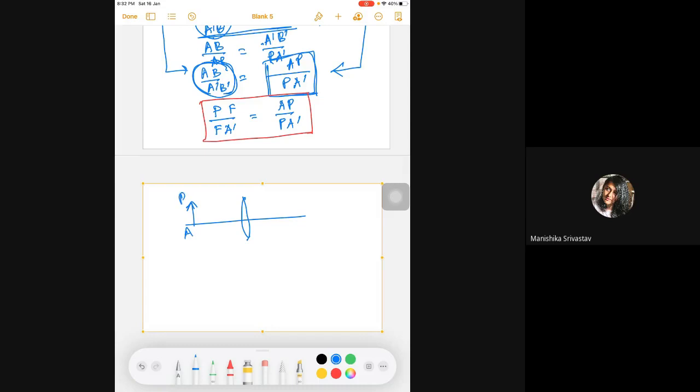This is A. I'm just drawing for the sake of your understanding, but you refer to the above drawing. This is F. Now I'm not drawing that geometry, and this is your A dash. So this is the object and your image is forming here. This is B dash. Got it? So this is the point P.